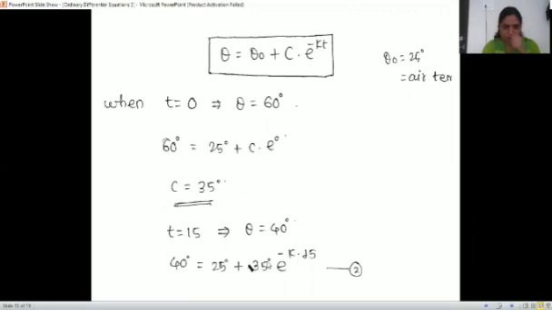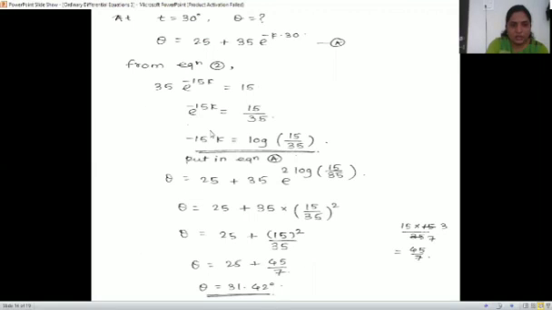This equation. From this equation, solving this, 40 minus 25, 15 is equal to 35. We get e raised to minus 15k is 15 upon 35. That is minus 15k is equal to, if we want to remove that e, take log on both sides. And this value we can substitute in this equation.